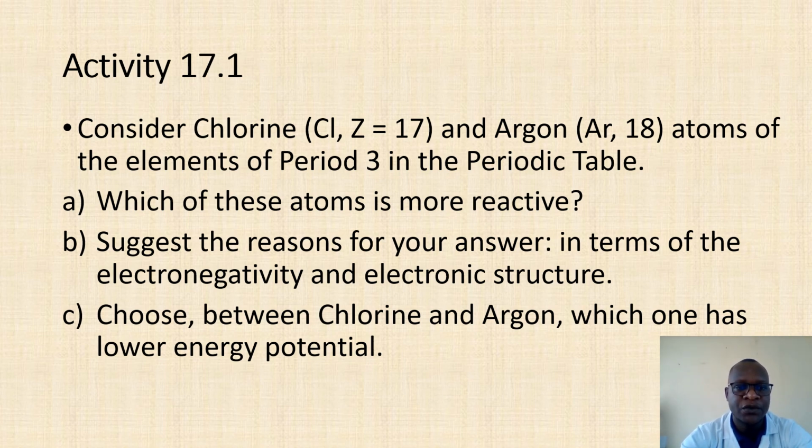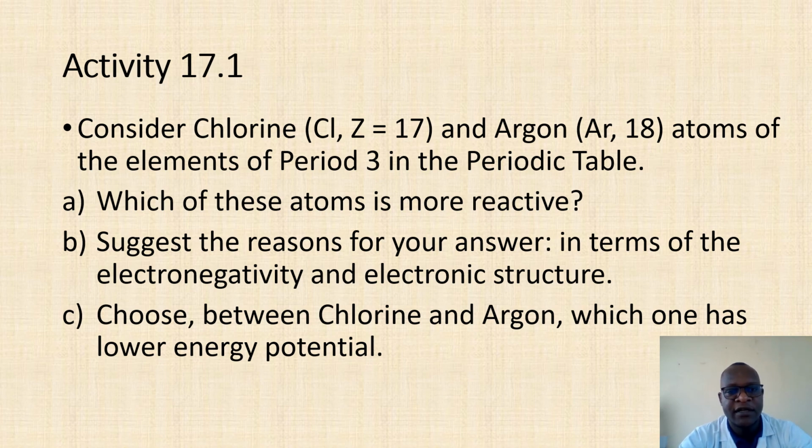Question number 2 is, suggest the reasons for your answer in terms of electronegativity and electronic structure. Electronegativity is the ability to attract electrons. For electronic structure, we are looking at the electronic configuration, how the electrons are arranged.